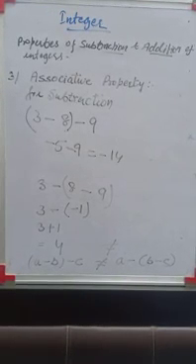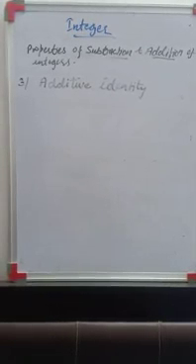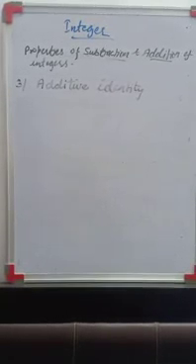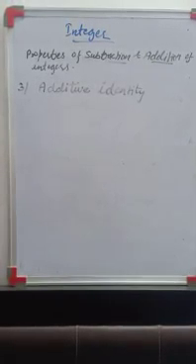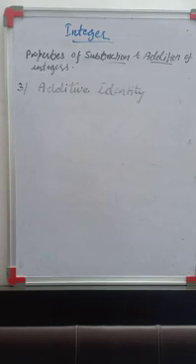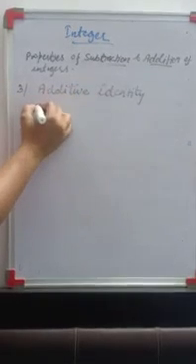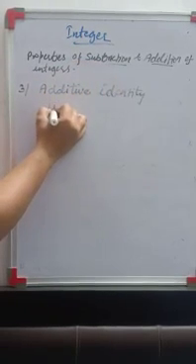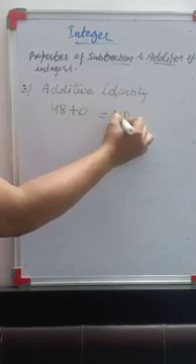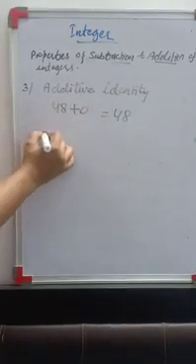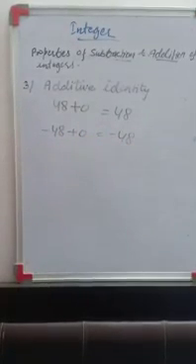Our next property is the additive identity. In additive identity, what we need to check is whether, when 0 is added, the result is affected or not, right? For example, for a positive integer, I am taking 48 plus 0. What is the result? The number itself, right? If I am doing minus 48 plus 0, again minus 48, right?